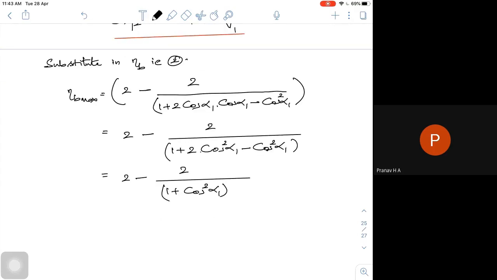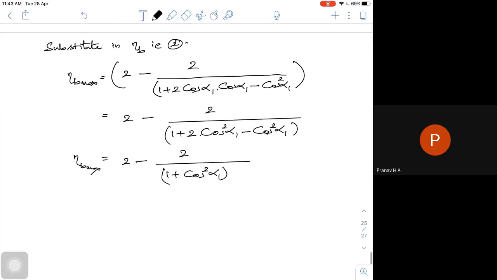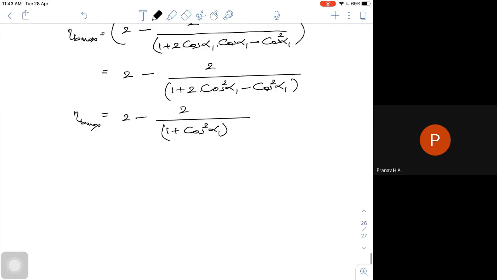So this will be your expression. I can leave it as it is, or I can simplify further. To do that, I can add plus 2 and minus 2 in the numerator.